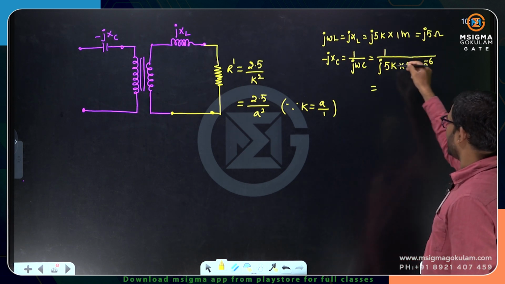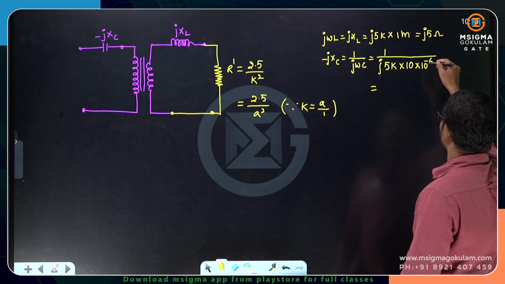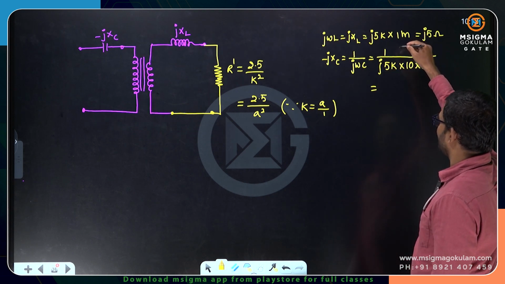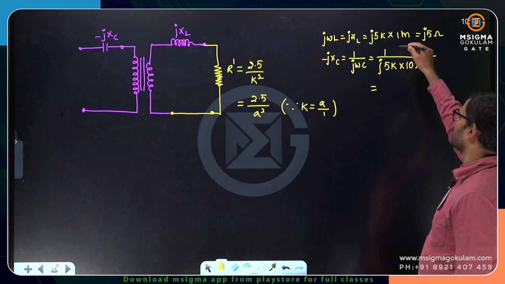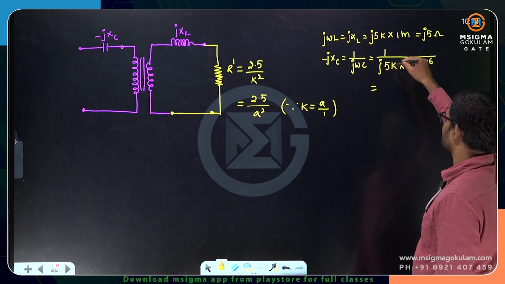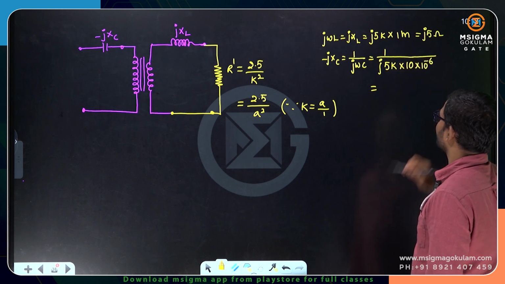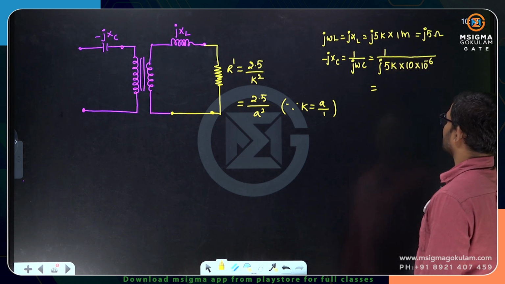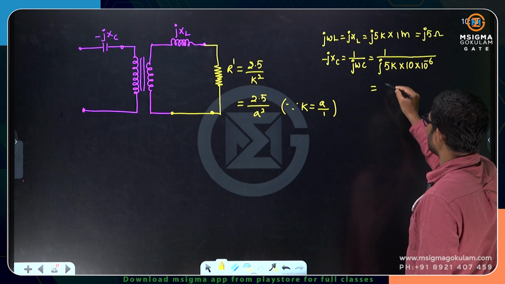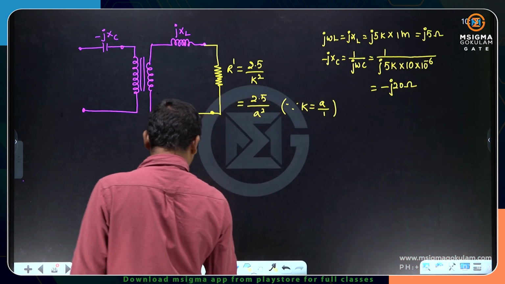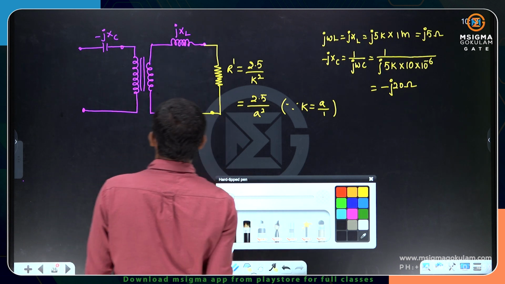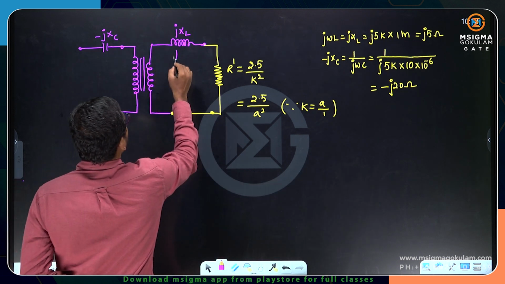If this micro and this kilo, 10 to the power of 6 divided by 10 to the power of 3 becomes 10 to the power of 3. So here it is 50, 1000 divided by 50, 100 divided by 5, it will be 20. So if this j goes up, minus j20. So the capacitive reactance is minus j20, and the inductive reactance is j5.